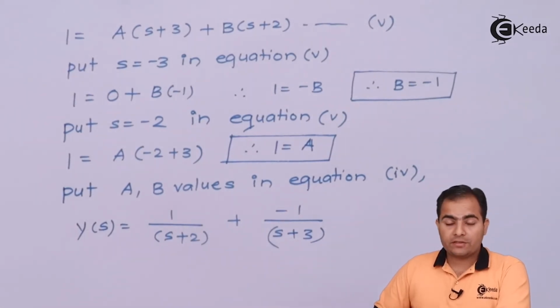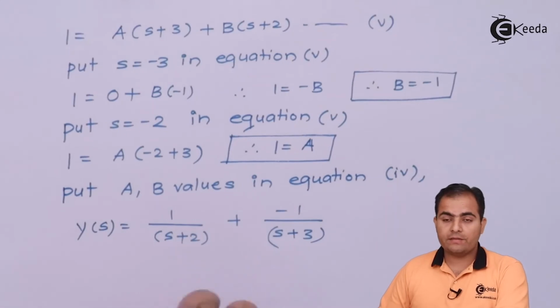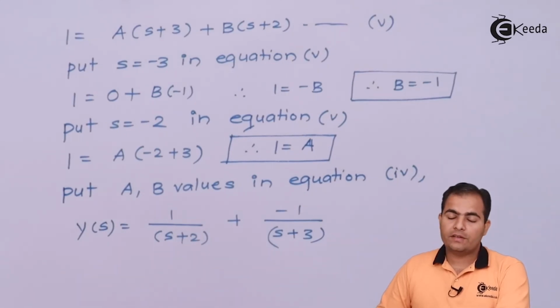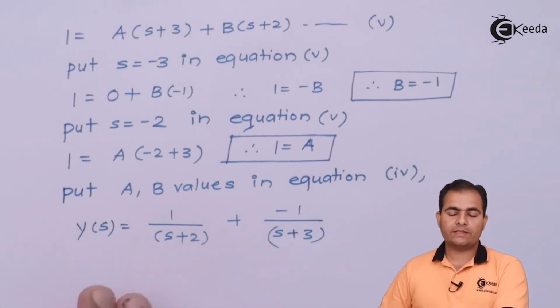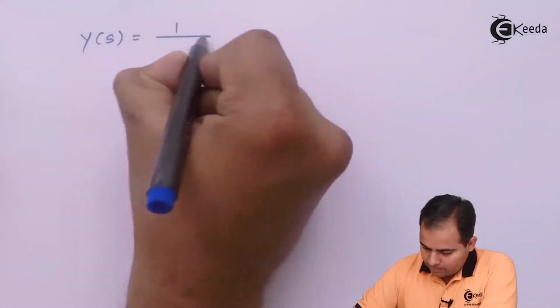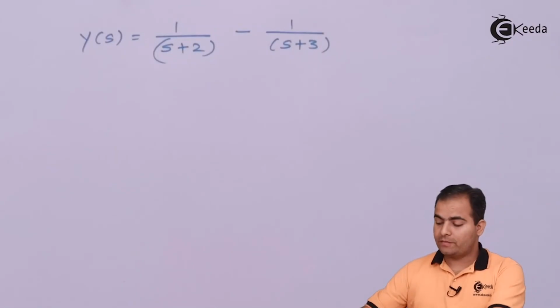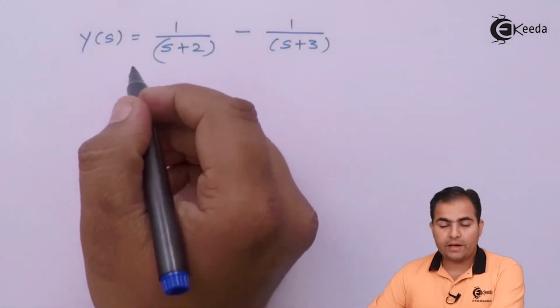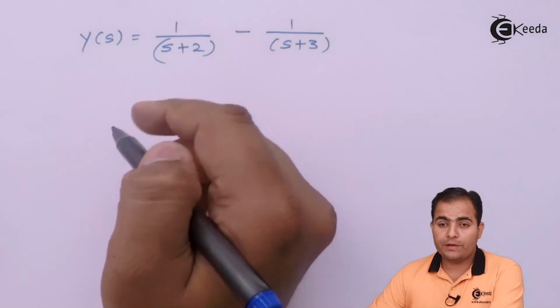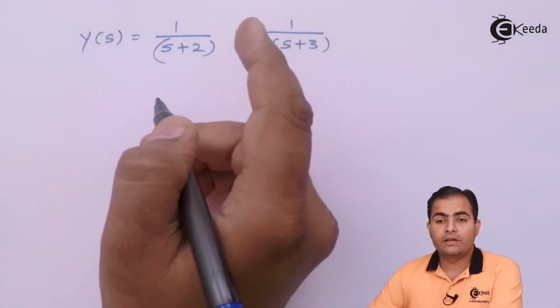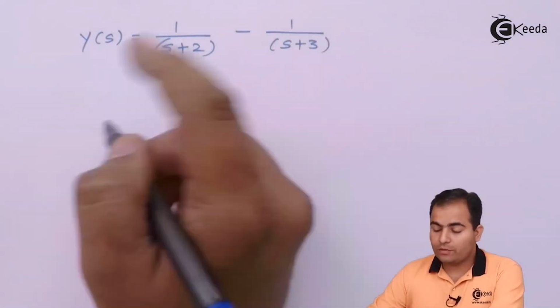Now what is the next step? If we apply Laplace transform, then whatever result there is, it is in the form of impulse response. So let's see. What is important? We have to find out the impulse response, but before moving to it, we have to apply the inverse Laplace transform on both sides.